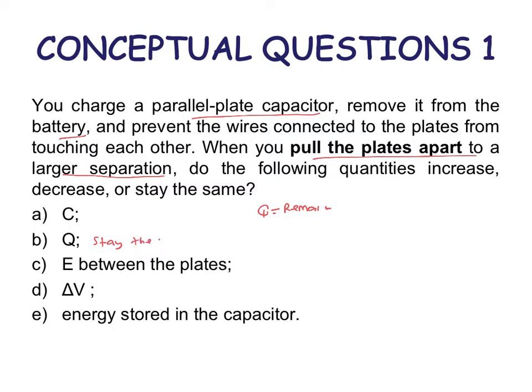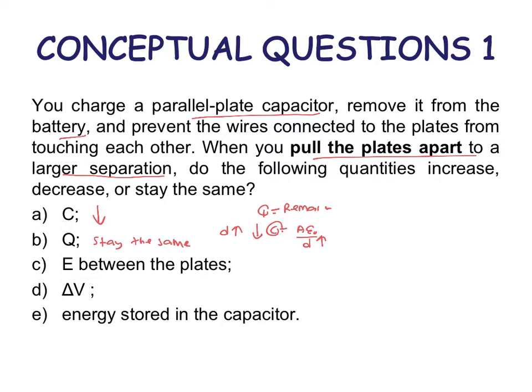But what happens to the capacitance? When you pull the plates apart, you are going to increase your D. So based on the formula C equals A epsilon naught over D, when you increase D, your capacitance will decrease. Very good. So what happens to the electric field between the plates?